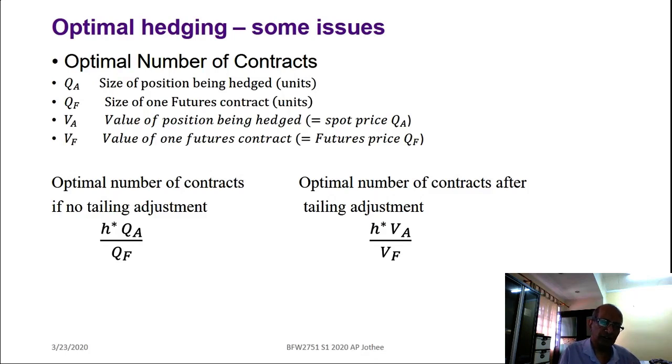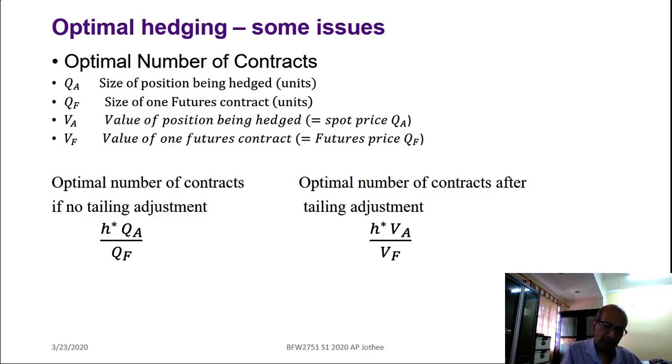And now we have got two issues here. Many students used to come and ask me, sir, what is tailing, not tailing, this and that. Optimal number of contracts, if no tailing adjustment. You know tailing in the normal curve, we have got a central tendency there. And the tail, if you have got a fatty tail, that means it is not properly adjusted for tailing.